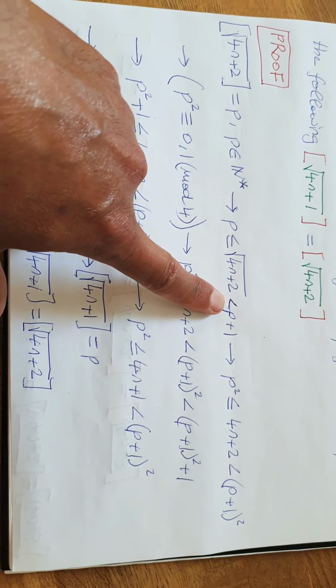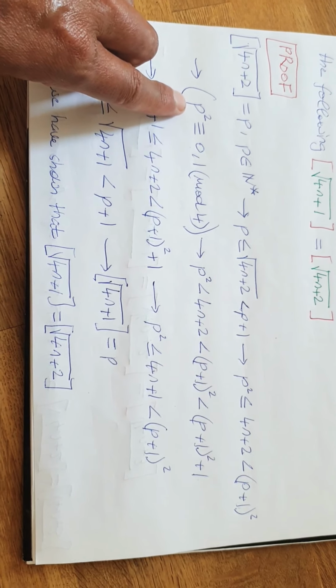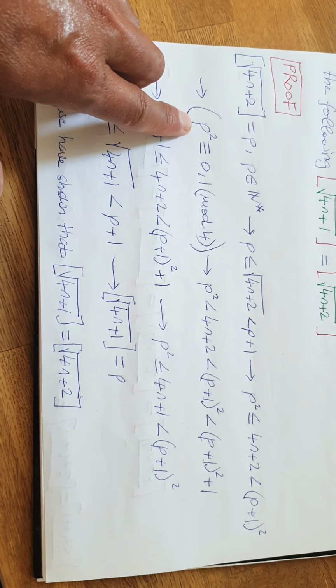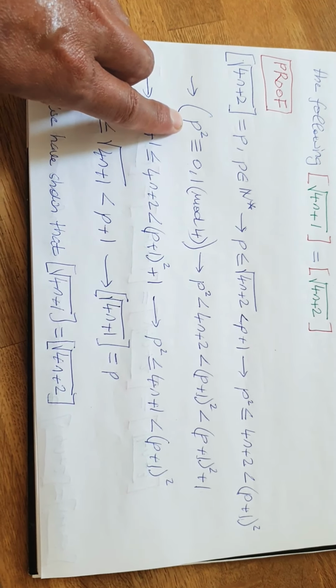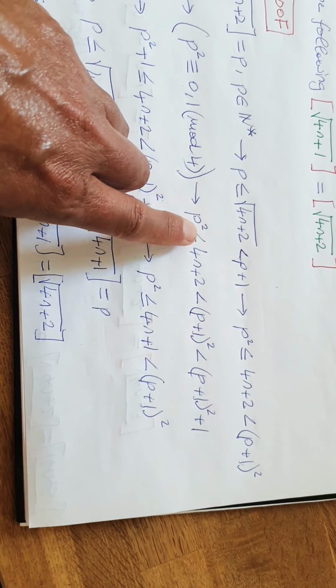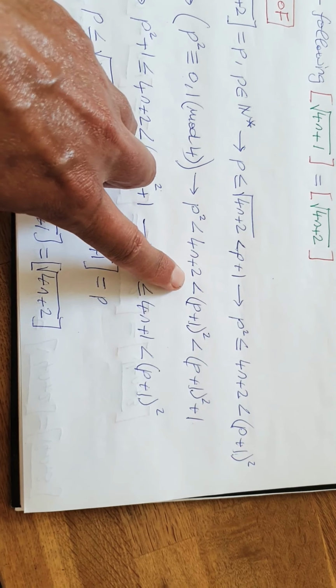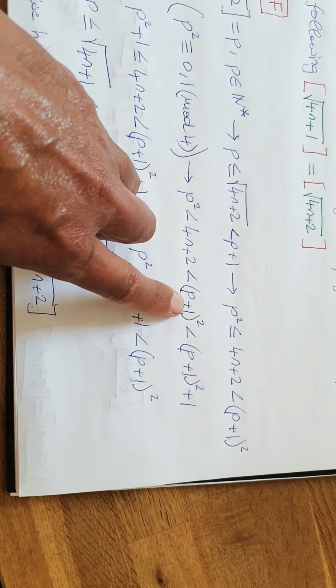But we know from before that p squared can never be equal to 4n plus 2. So we get this double inequality, p squared strictly less than 4n plus 2, strictly less than p plus 1 squared. But we know that this is even strictly less than p plus 1 squared plus 1. And you're going to see soon why I add plus 1 here.